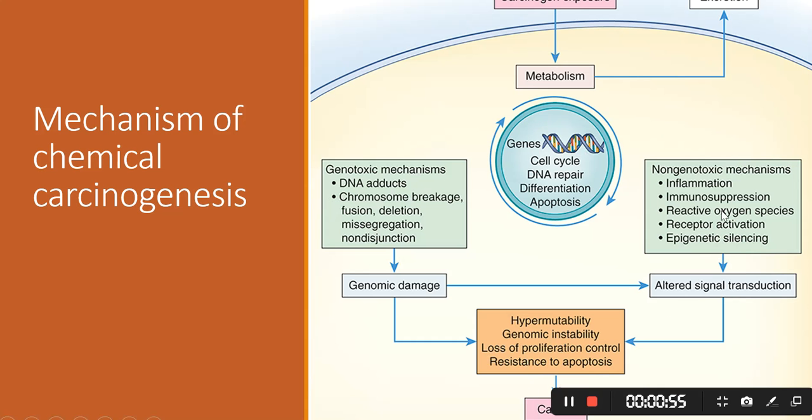Or there can be non-genotoxic mechanisms like inflammation, immune suppression, reactive oxygen species, which can alter signal transduction, so the cell keeps on multiplying and there is a lot of proliferation, there is no apoptosis, and it can lead to cancer formation.